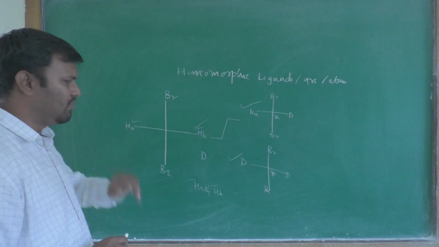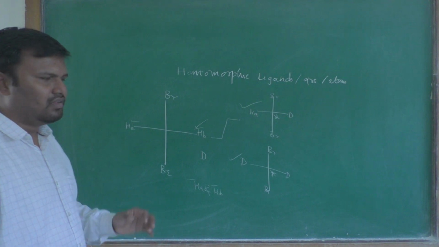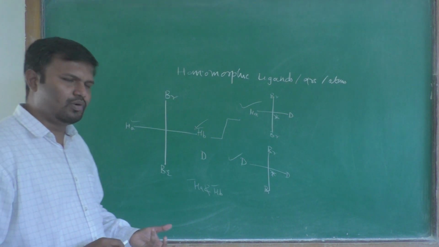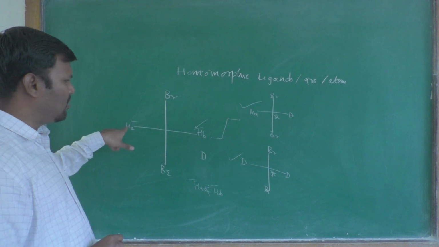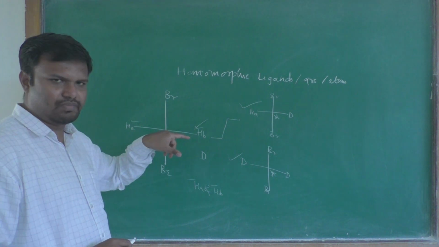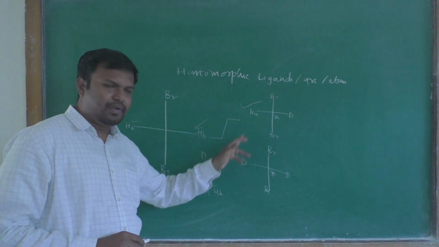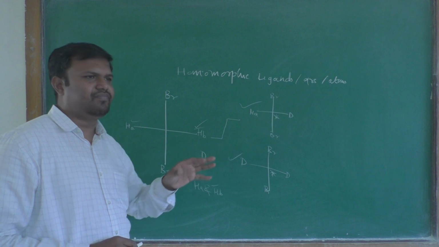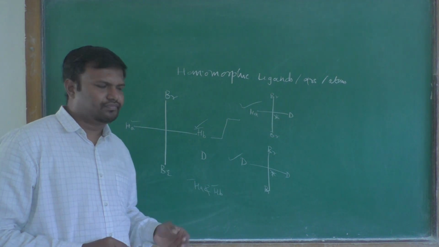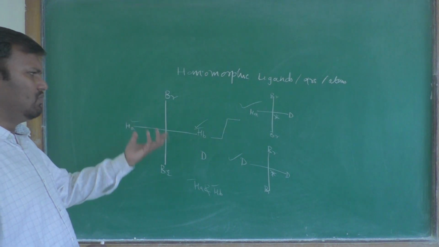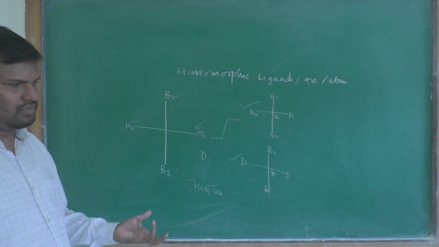That is homomorphic protons. And all these three terminologies, that is homotopic protons, diastereotopic protons and enantiotopic protons, revolve around the homomorphic protons. By replacing these, when your compound obtains two compounds that are the same, then this homomorphic proton should be considered as a homotopic ligand or group or atom.